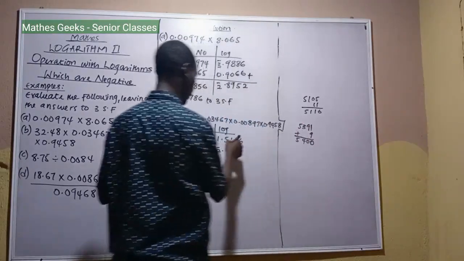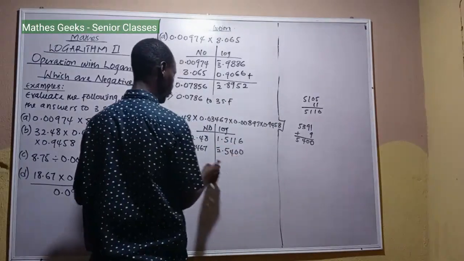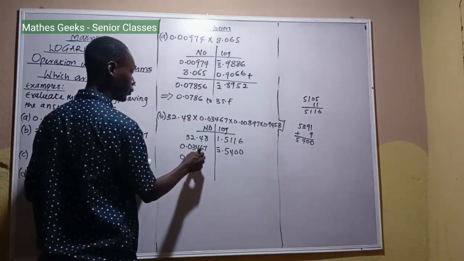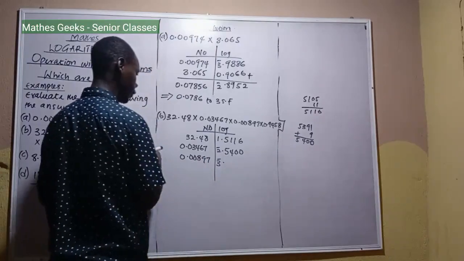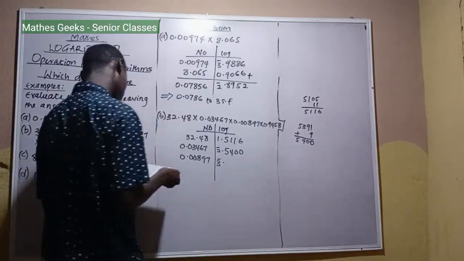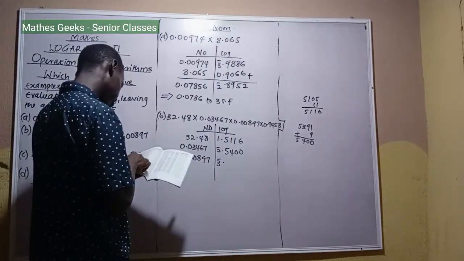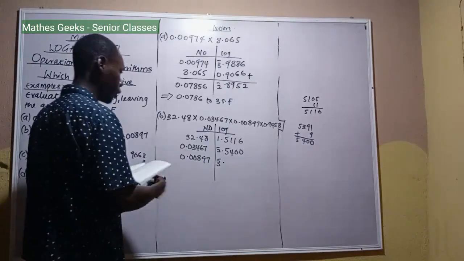So 5400. Next one, 0.00897. Bar 3 point something. Log 89 under 7 is 9528.